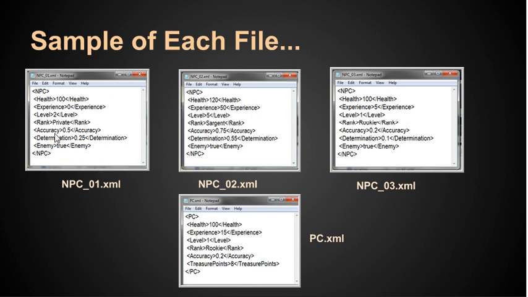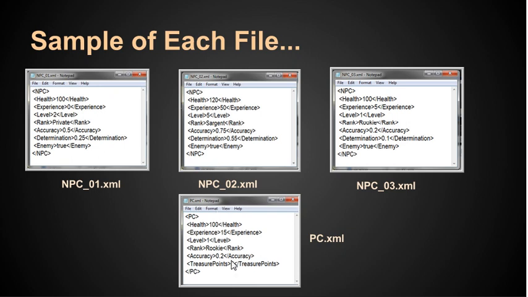As you can see, the root element for each of the NPCs is NPC. There's the health, the experience, the level, the rank, the accuracy, the determination, and whether or not they're enemies. All of these up here are, of course, enemies. Don't forget, you can get an NPC where the enemy would be false. In other words, he's your friend.